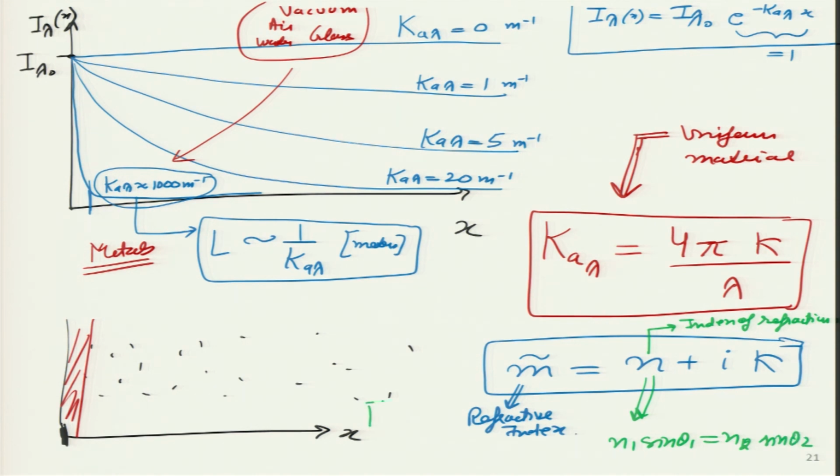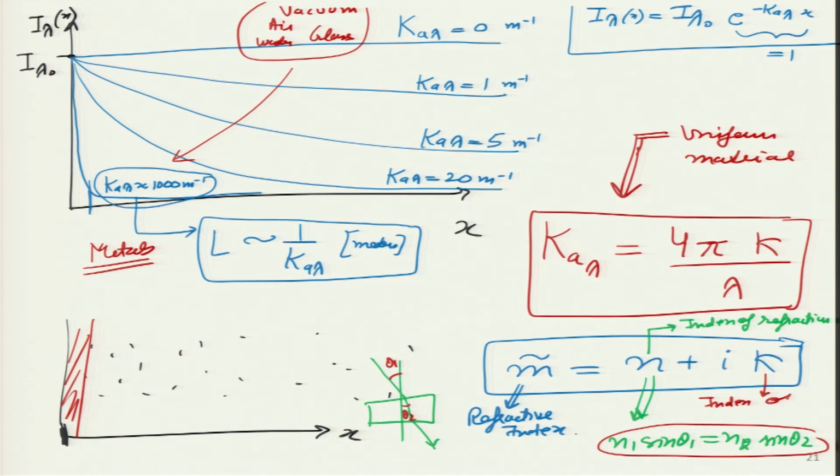You remember we are looking in a slab, then this goes like this, then refraction takes place, then over here. So, there is change in angles on both these particular directions. This was θ1 from rarer to the denser medium, that is this particular value, and then this kappa is the index of absorption.